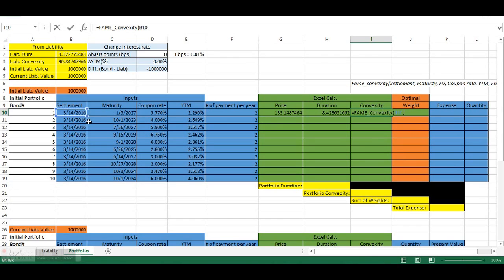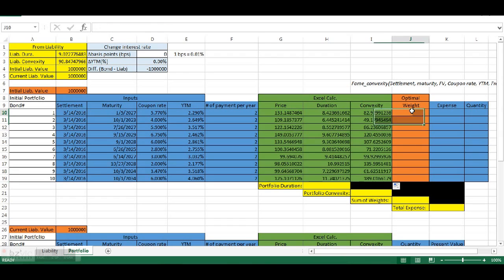Again, we have the settlement date, maturity date, FV, future value again is 100, coupon rate, yield to maturity, and frequency. Okay, so we have all three measures for each bond.